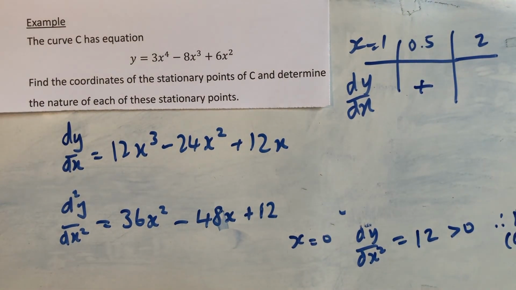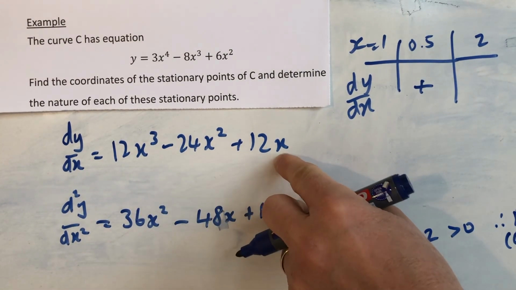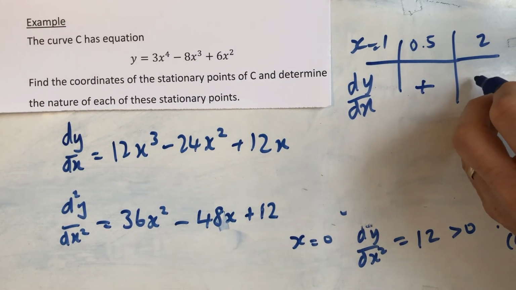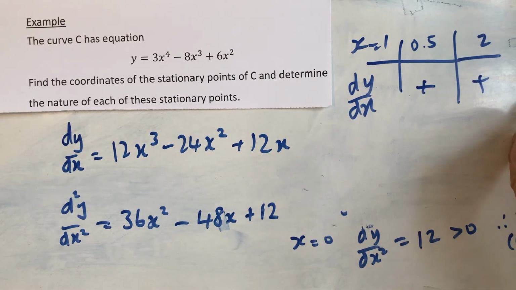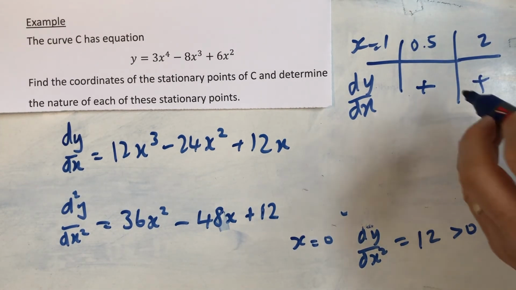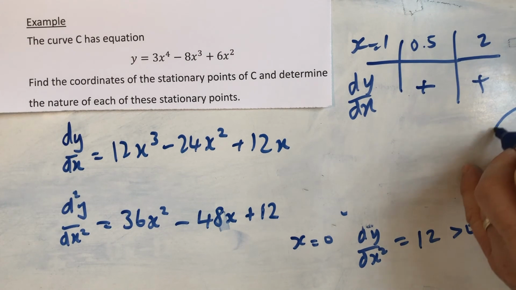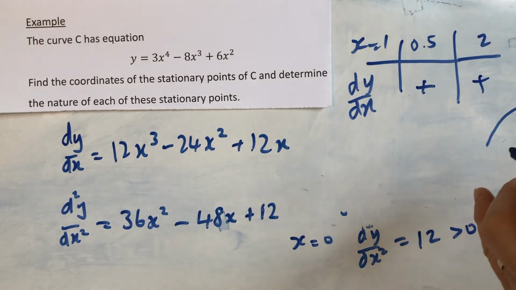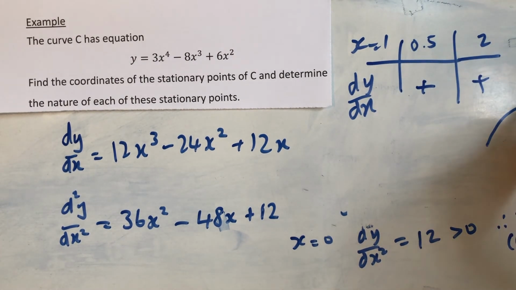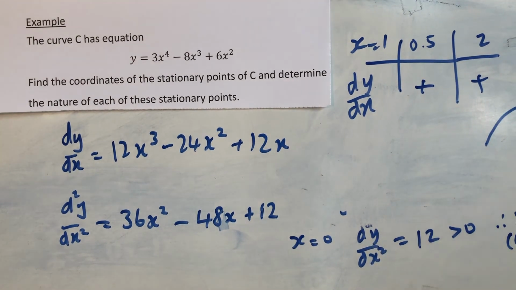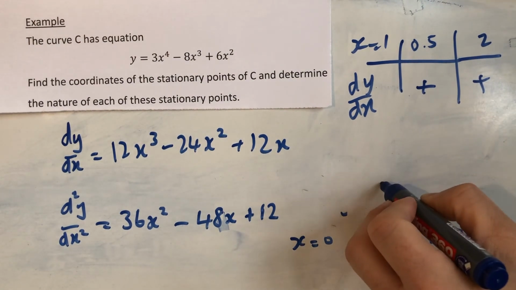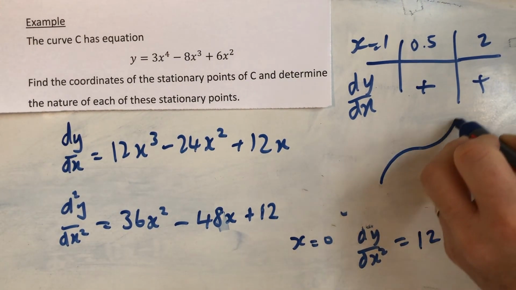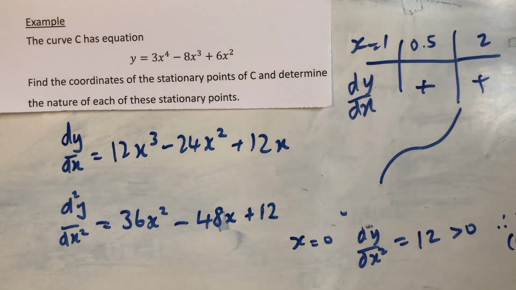Now if I put 2 into that setup, I come out with 24, which is also a positive gradient. So we know that at 1 the gradient is 0, but before 1 the gradient was positive, and after 1 the gradient is positive. Positive gradient, we've got a point of inflection.